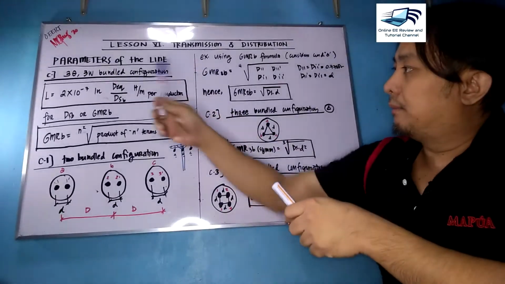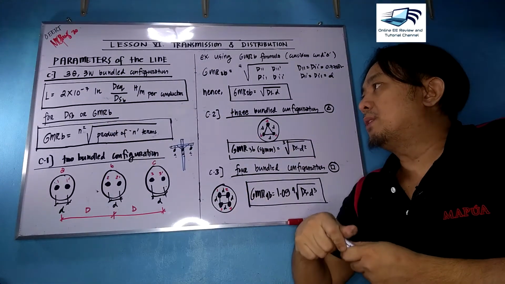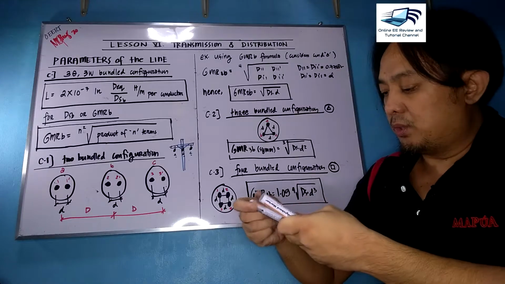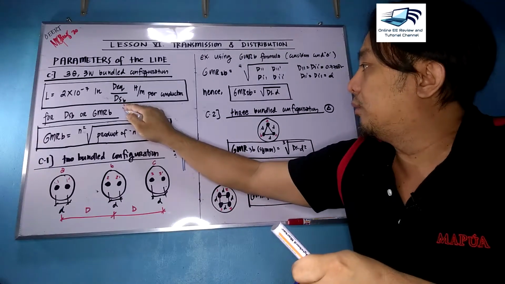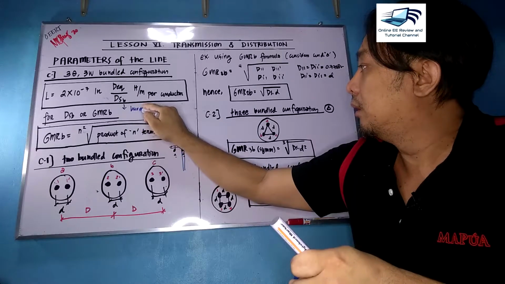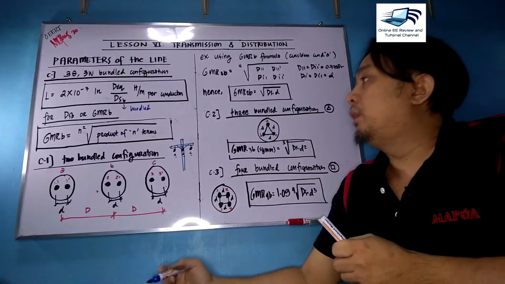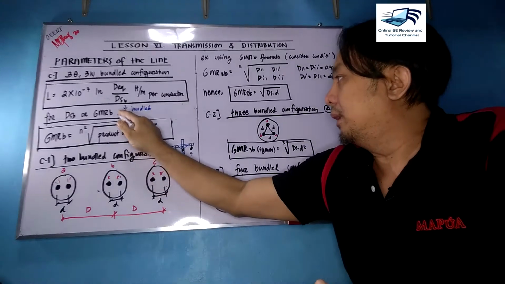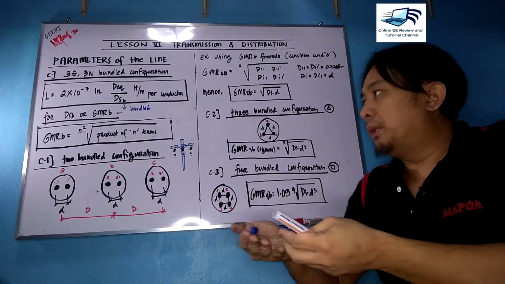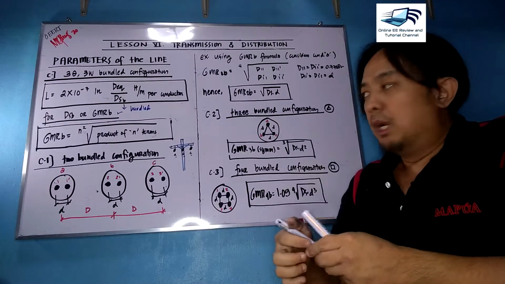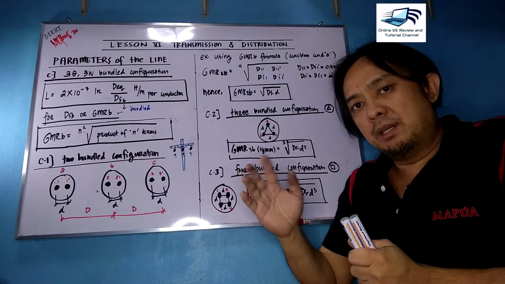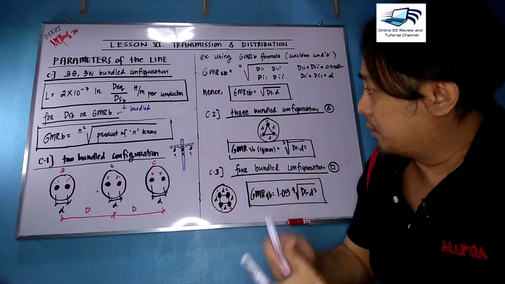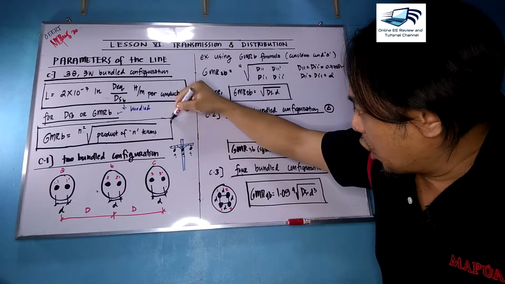So for that, you have L is equal to 2 times 10 negative 7 ln DEQ over DSB. DSB is considered as your bundled configuration self-distance, or GMR of a bundle, and the unit is Henry per meter per conductor. Let us have the formula. But anyway, this is not a secret anymore because I already illustrated it here for you.